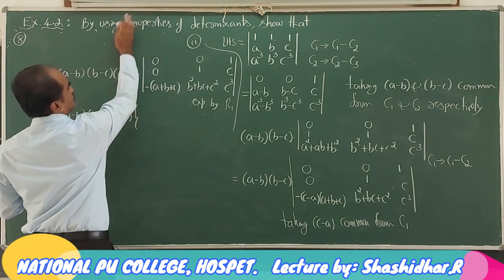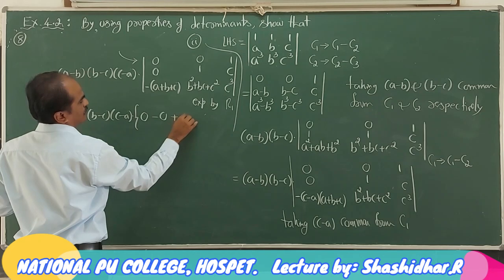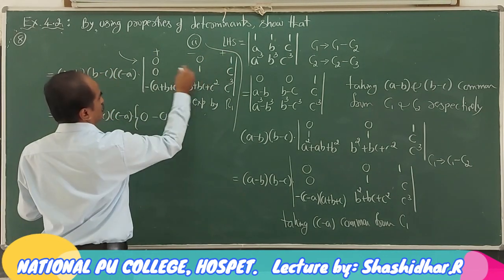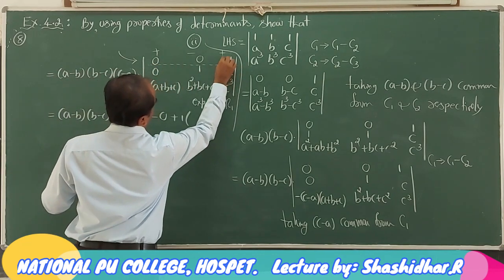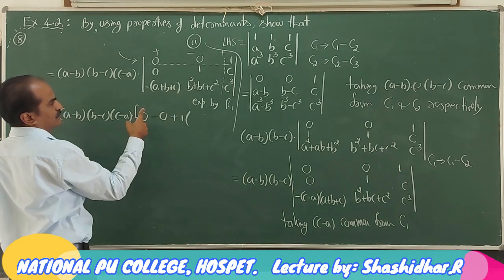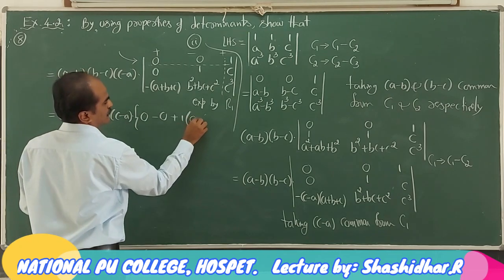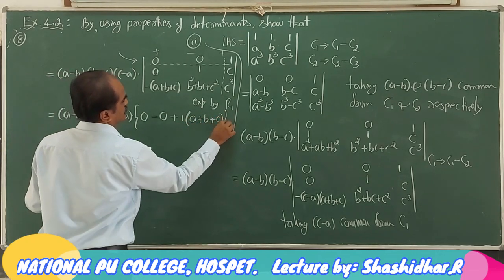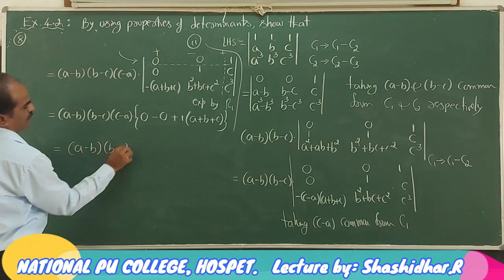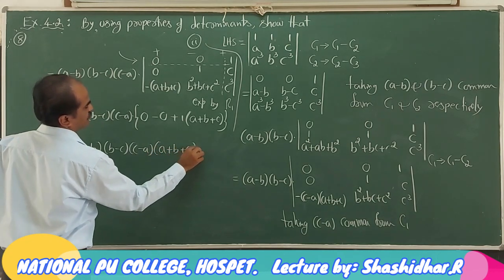First element 0, second element 0, plus 1 into, signs plus minus plus. Now 1 into, leave first row, third column, 0 into this expression, 0. Next minus of product of these two, minus of minus, plus. So it is A plus B plus C. In this way we end with A minus B, B minus C, C minus A into A plus B plus C.